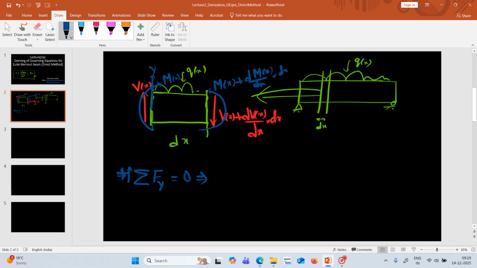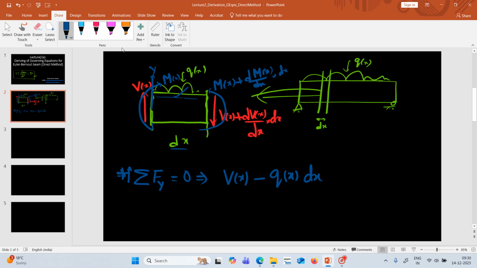V of x is in the upward direction, so that is positive. q of x is acting downwards, so minus q of x, and to make it an equivalent point load, it would be q(x) into dx.